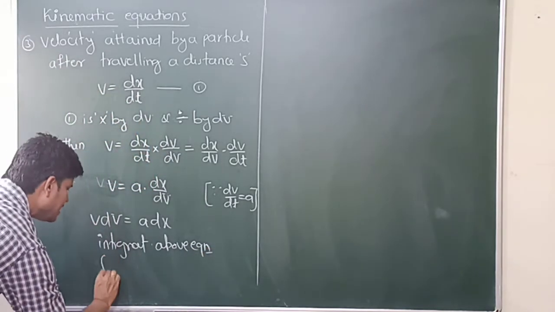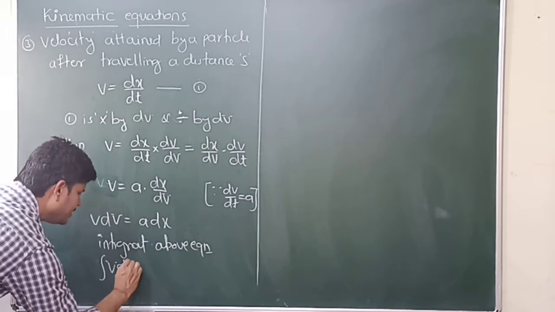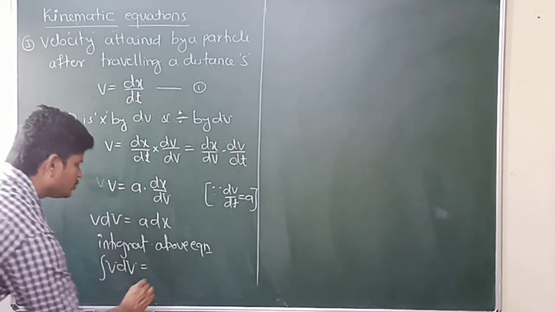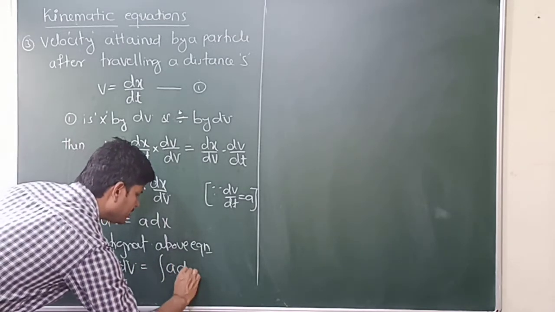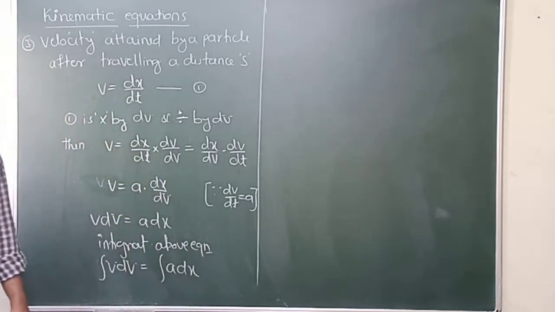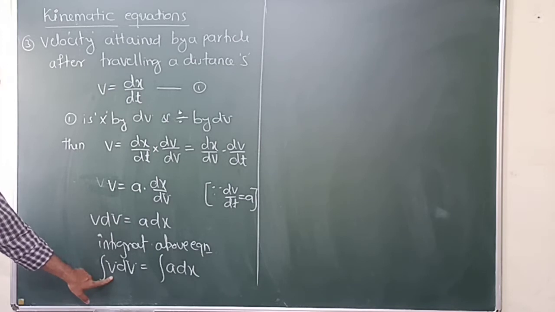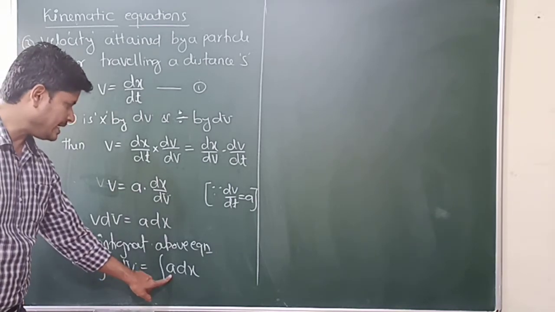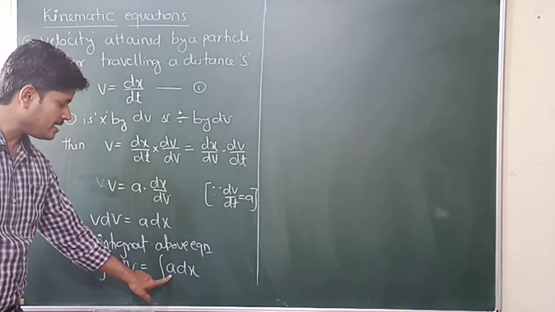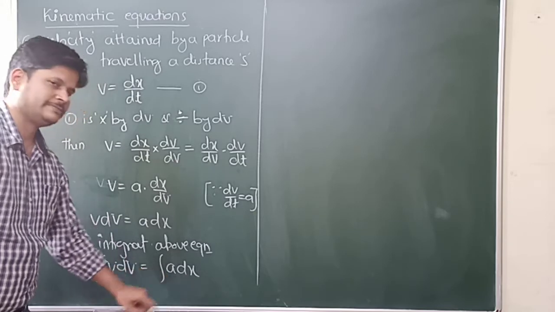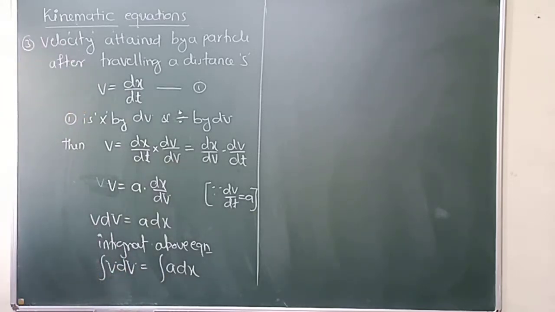What happens? Integration of v into dv is equal to integration of a into dx. Correct? Now we can integrate v with respect to dv, but we cannot integrate this a with respect to x. Is it right?